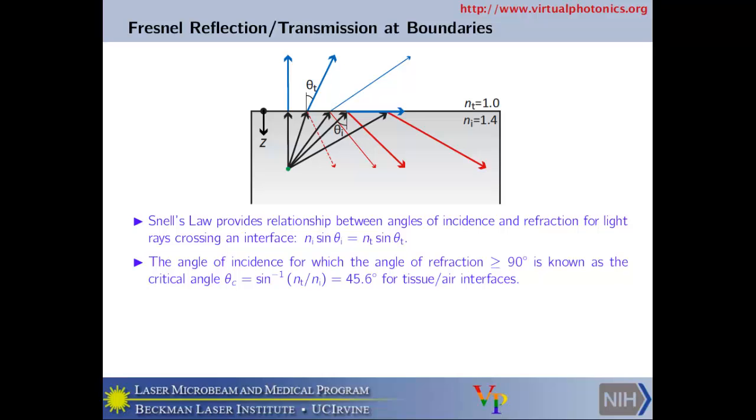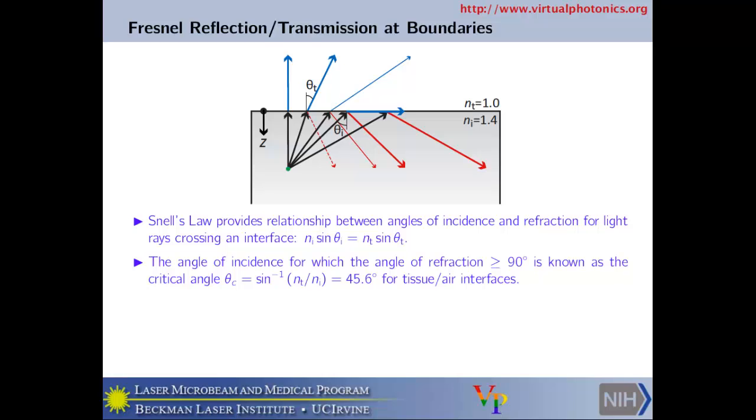If you're moving from a high refractive index medium to a low refractive index medium, you're going to get refraction, and the light will be bent away from the normal. But this only occurs so far, and you always have a fraction of light that escapes and a fraction of light that gets internally reflected, up to a certain point where Snell's law predicts that the refracted angle is 90 degrees or greater, in which case all of the light gets totally internally reflected.